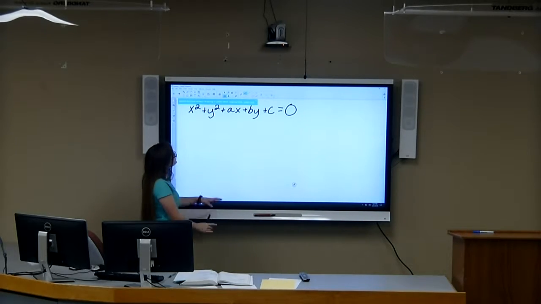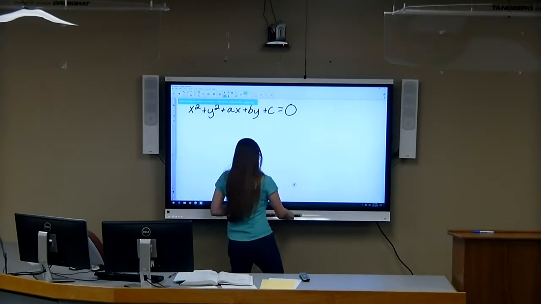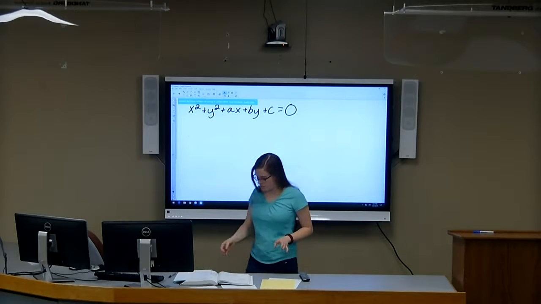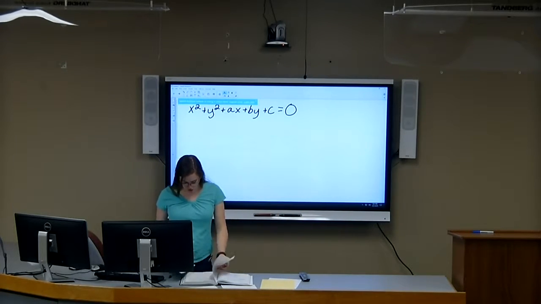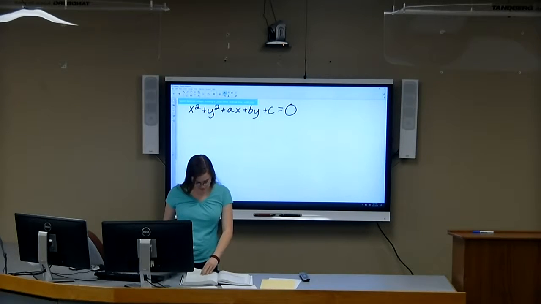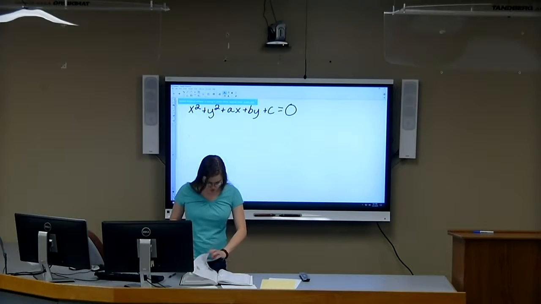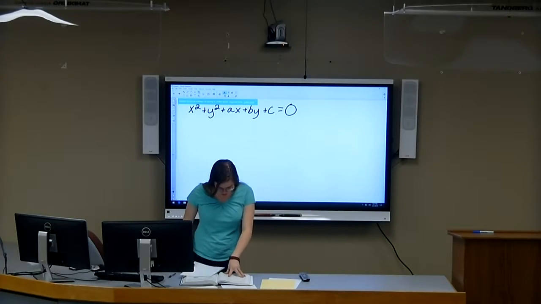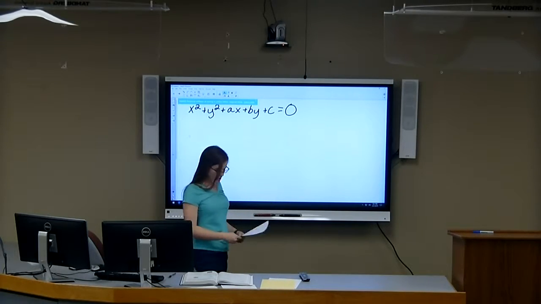I know it looks a bit crazy, but it's not as difficult as it's going to seem. And you'll get that whenever we work out this one. Once again, we're going to be doing number 15. This time we're putting it in general form, which is also part of the answer.